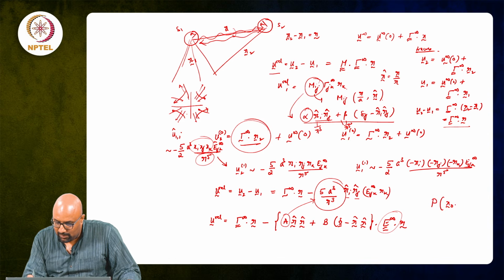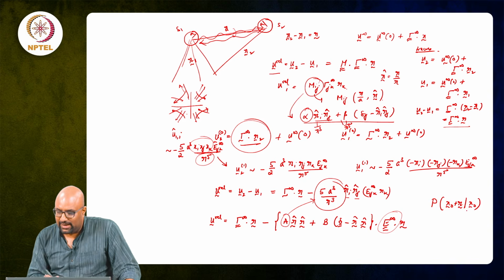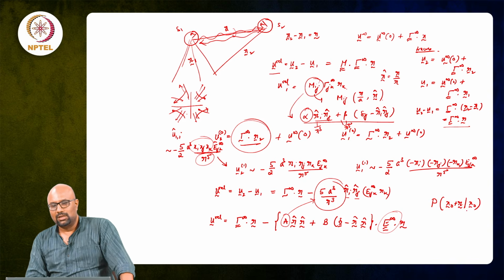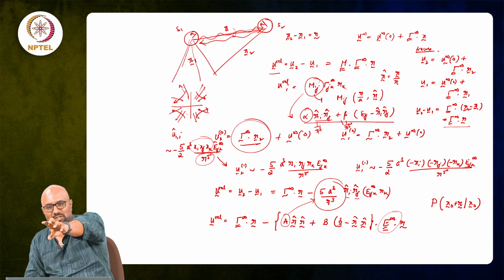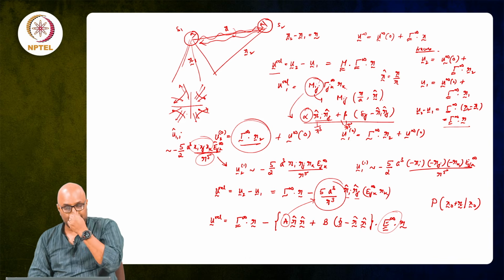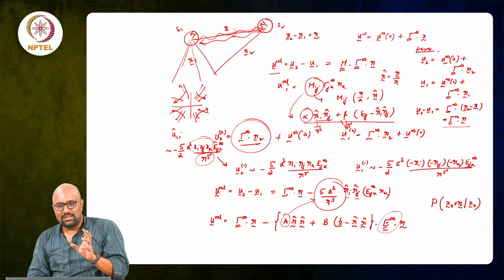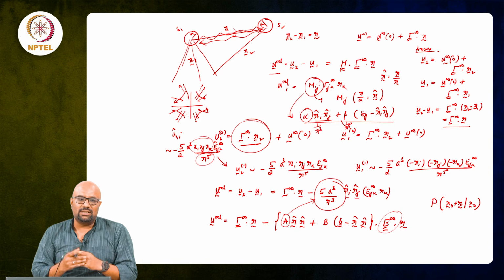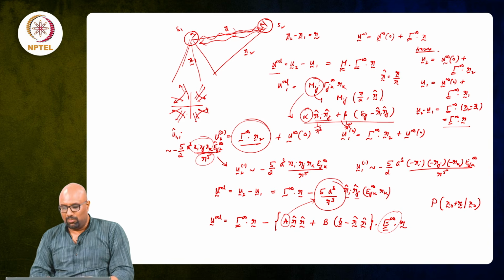So, what is the probability of finding a neighbor given that you are located at a coordinate x naught, positioned at some point in space? What is the probability that you find neighbors around you? Now, this information is easy if you were doing a static problem, which means all your neighbors are stuck in space and do not move anywhere.